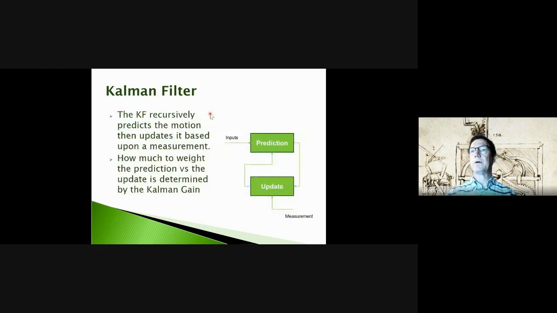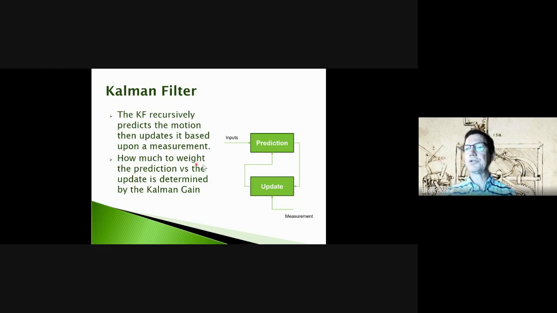Big assumptions there, but when those hold, the Kalman filter recursively predicts a motion and then updates it based upon a measurement. This can be used for control and also sensor fusion, so it's used in a wide variety of ways.